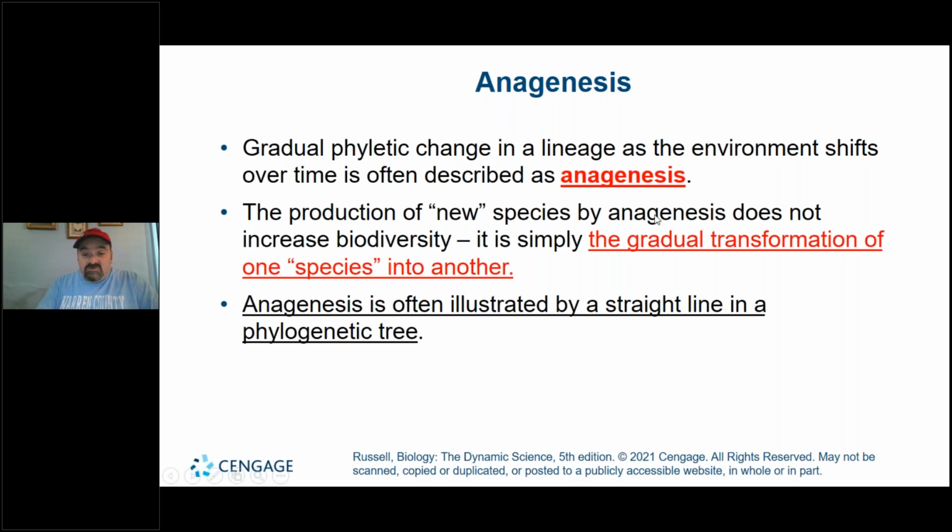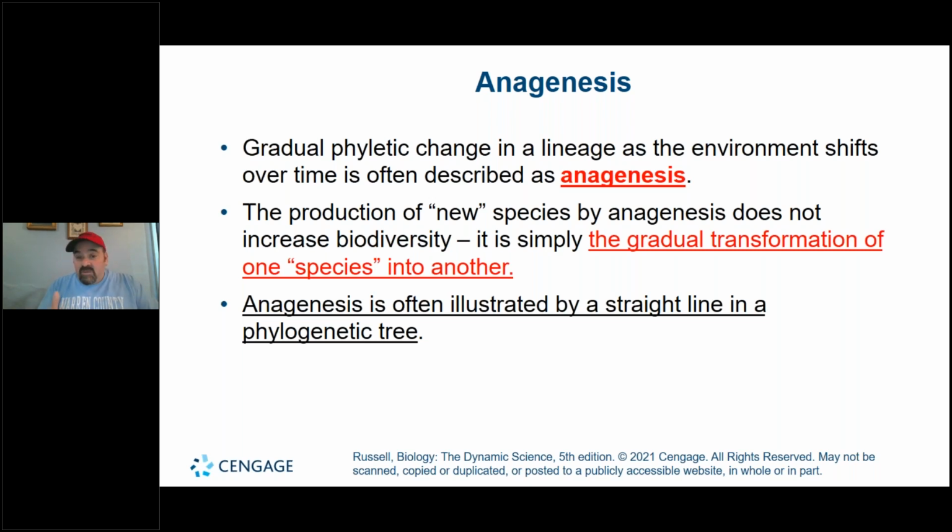Right? Production of new species by anagenesis doesn't increase biodiversity, but is simply the gradual transformation of one species into another. And so this is when they talk about having an origin and then having evolutionary change take place over millions of years, the development of one species into another, okay?